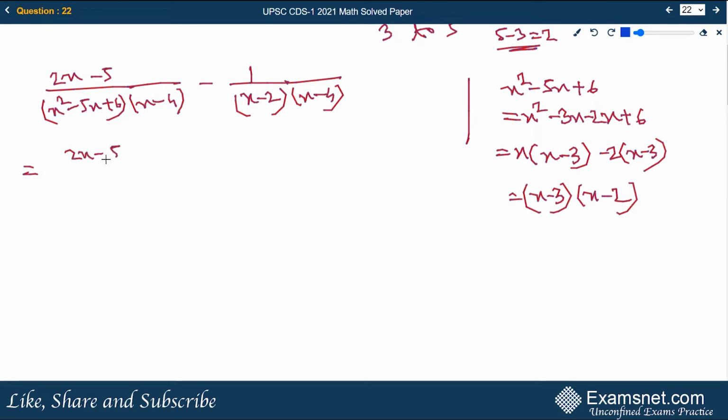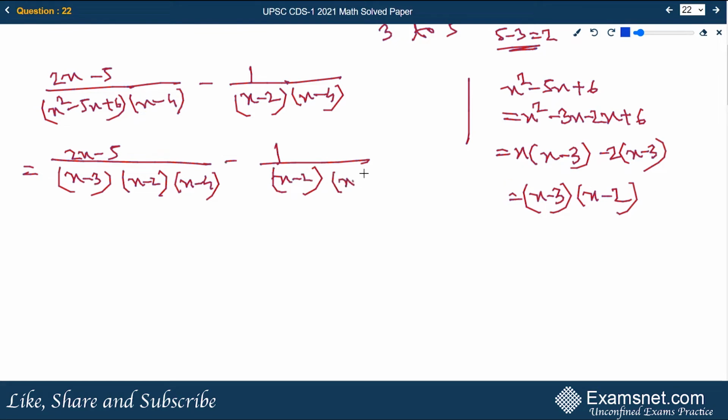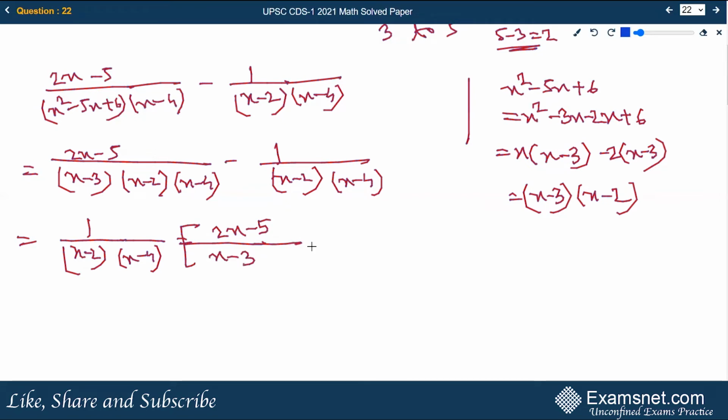So we have (2x minus 5) by (x minus 3)(x minus 2)(x minus 4) minus 1 by (x minus 2)(x minus 4). Now after taking common 1 by (x minus 2)(x minus 4), we are given (2x minus 5) by (x minus 3) minus 1.